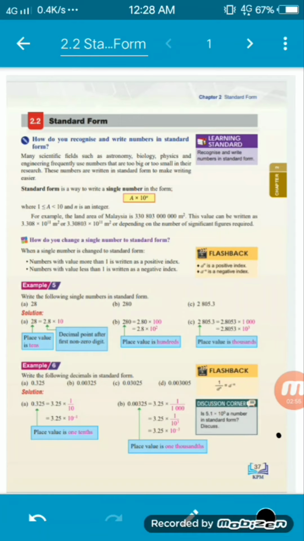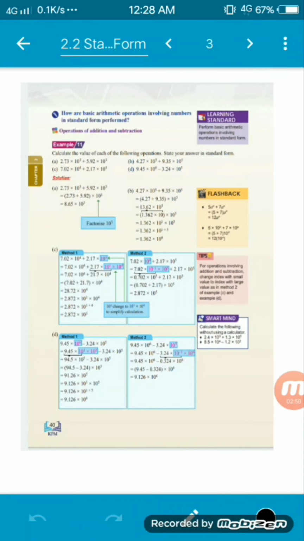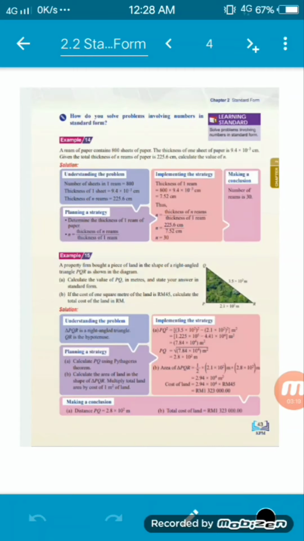Okay, next is how are the basic arithmetic operations involving standard form performed. Okay, this one we can calculate, use the calculator. How do you solve problems involving numbers in standard form?